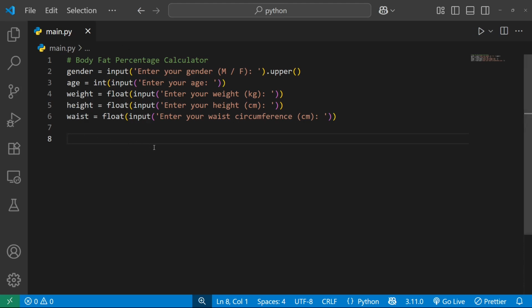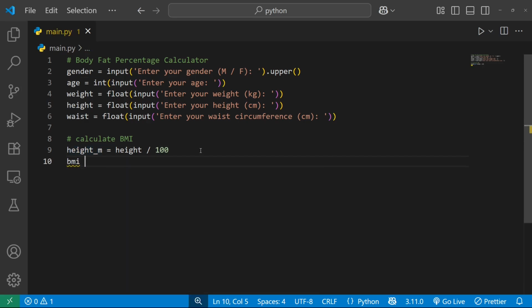After that we need to calculate BMI. We did it in the previous video, but in BMI you need height in meters. So I would like to write height in meters, and it will be height divided by 100. Because we have it in centimeters, we divide it by 100, so it will be in meters.